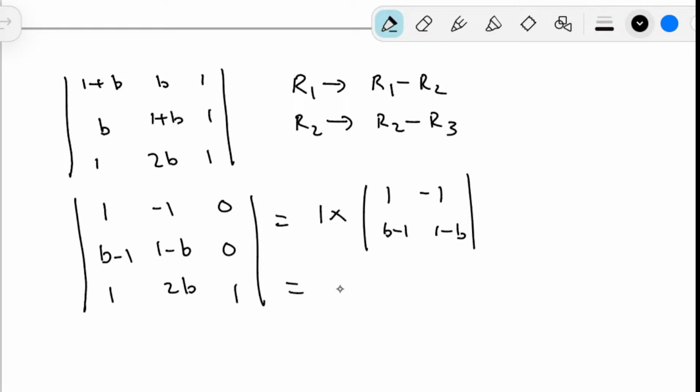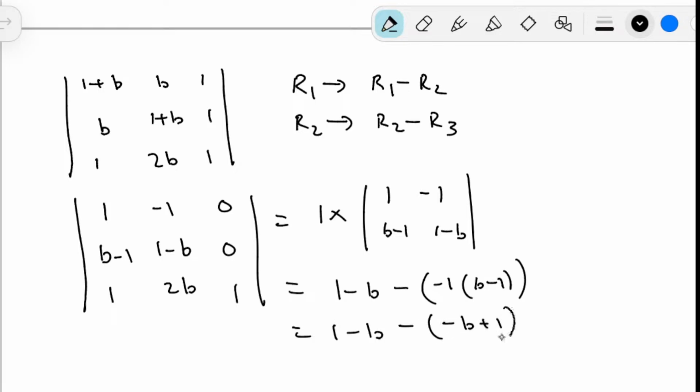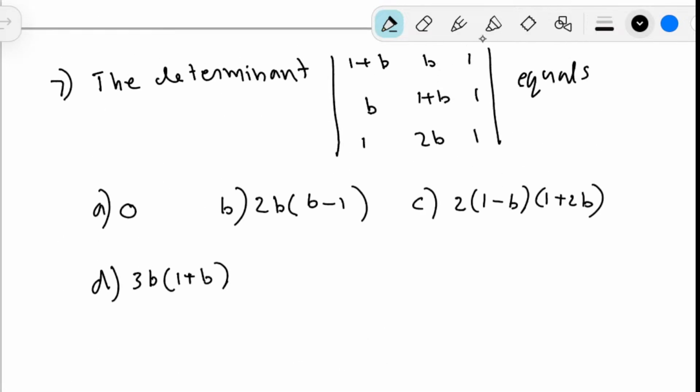Which is equal to 1 minus b minus b minus 1 times minus 1, which is 1 minus b minus b plus 1, 1 minus b plus b minus 1, which is equal to 0. So the final answer is nothing but 0. Okay, so I think everyone got the answer.